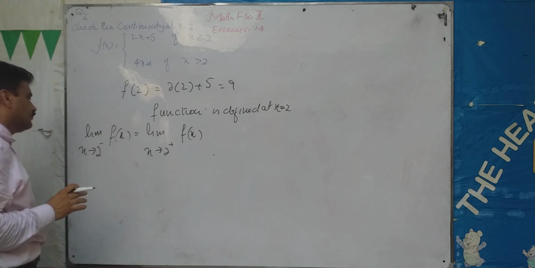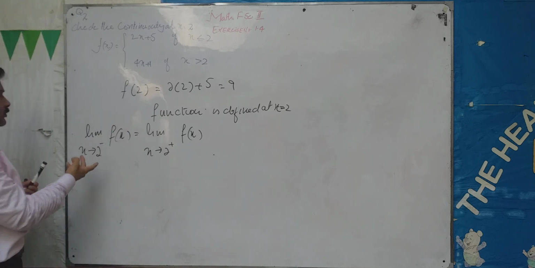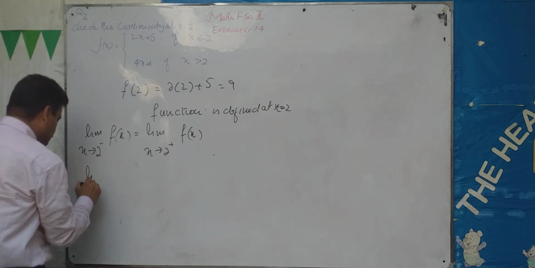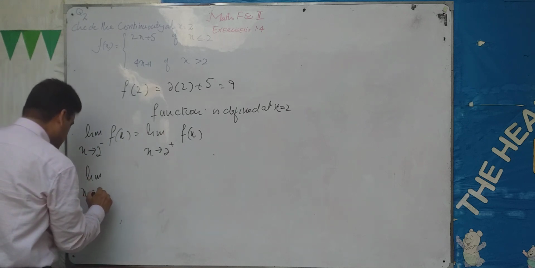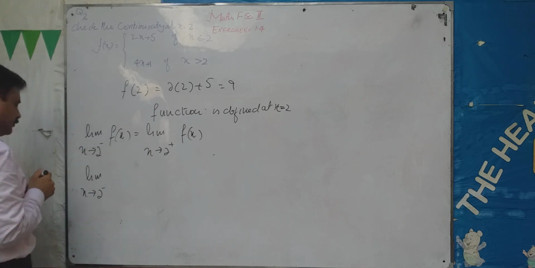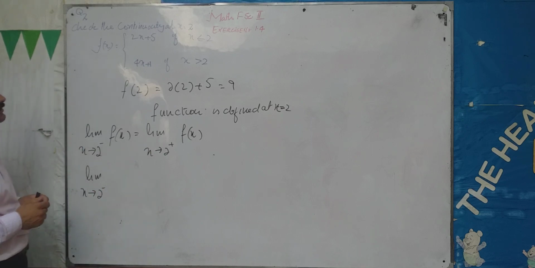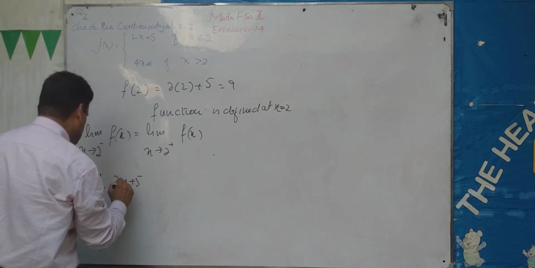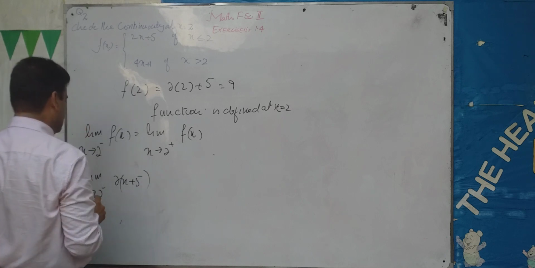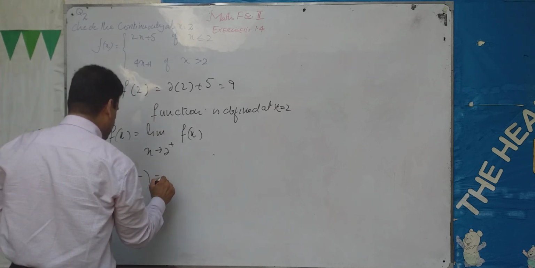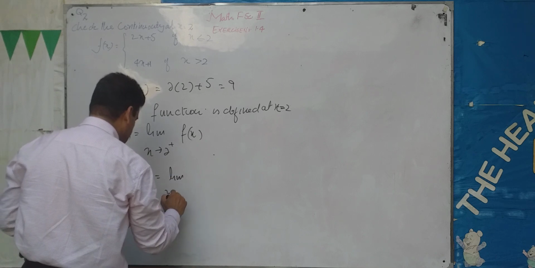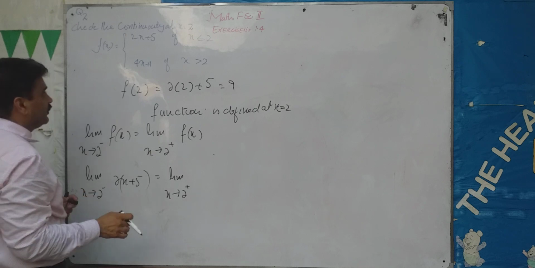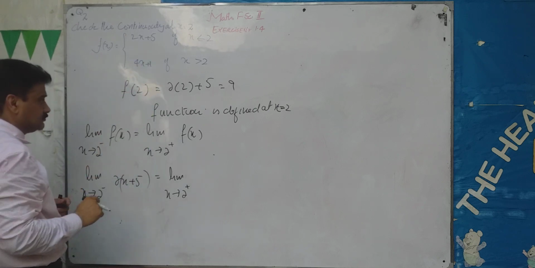For the left hand limit, x approaches 2 from a smaller value of 2, and the function will be 2x plus 5. For the right hand limit, we choose the function 4x plus 1.